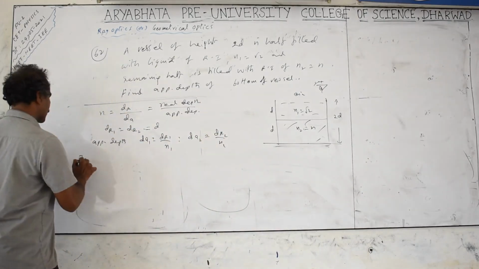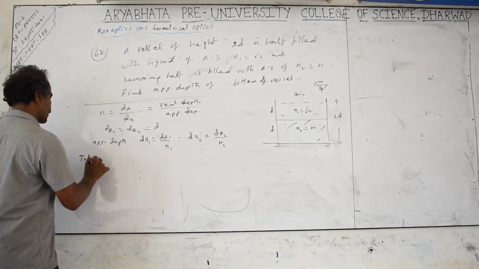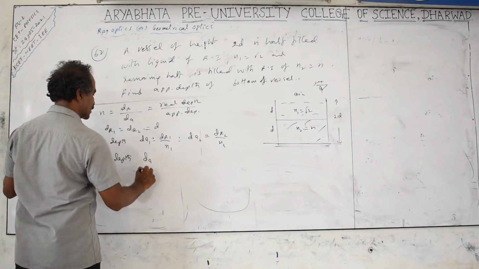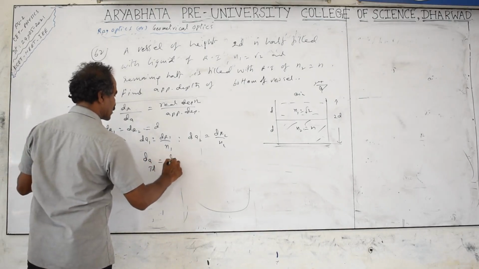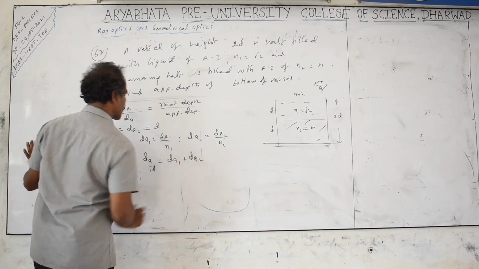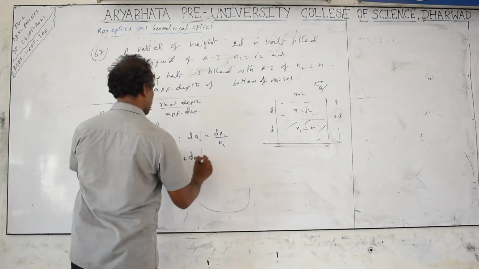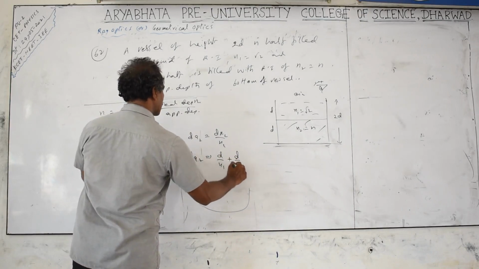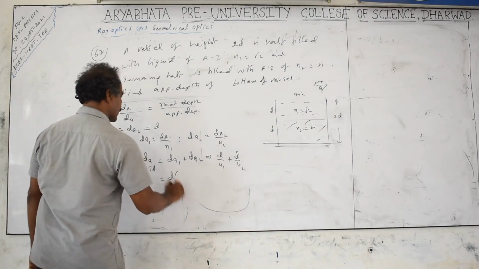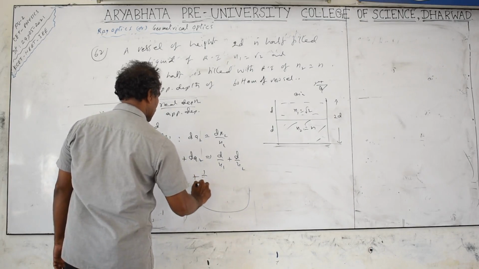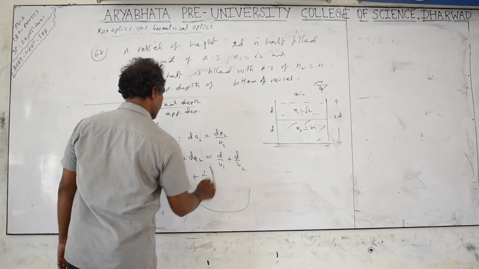Total apparent depth, just take the summation. D apparent total equals dA1 plus dA2, which is d by n1 plus d by n2. Take d common: 1 by root 2 plus 1 by n.